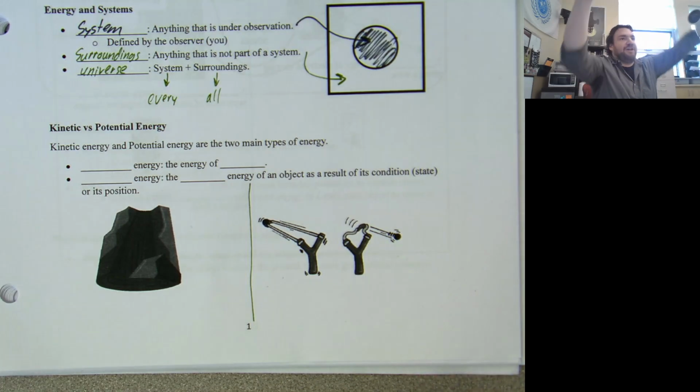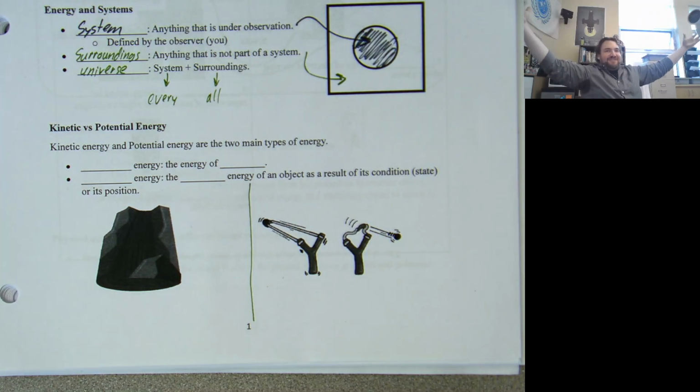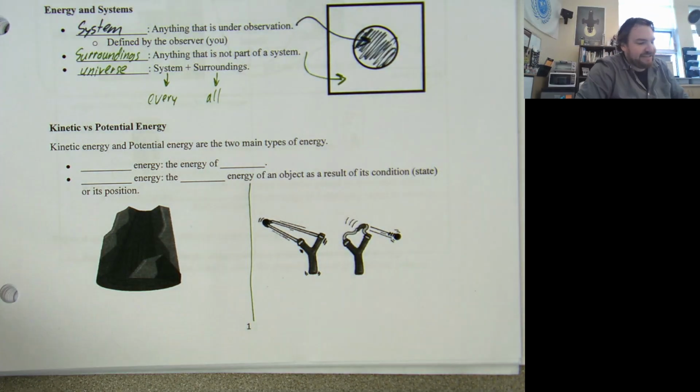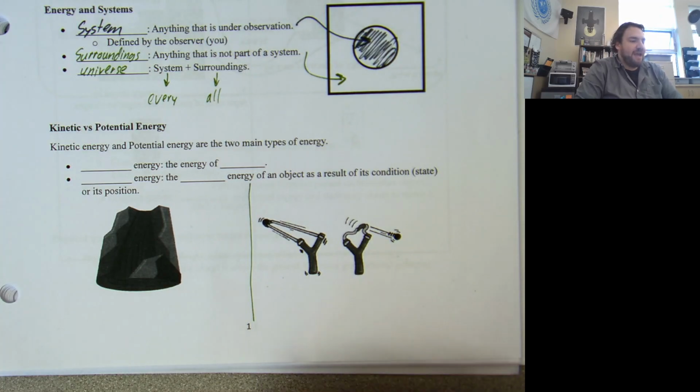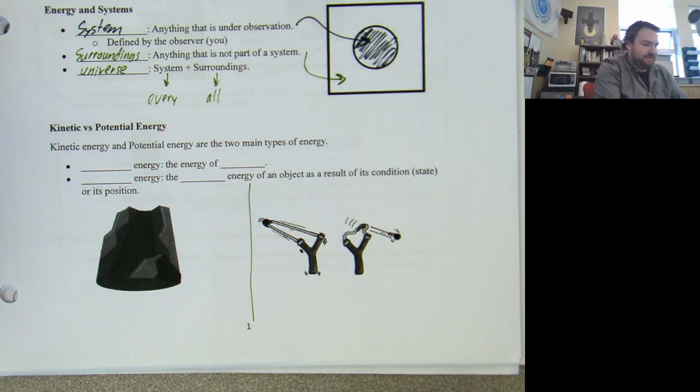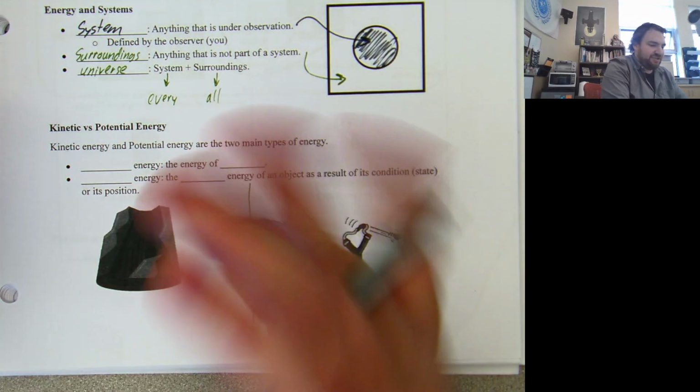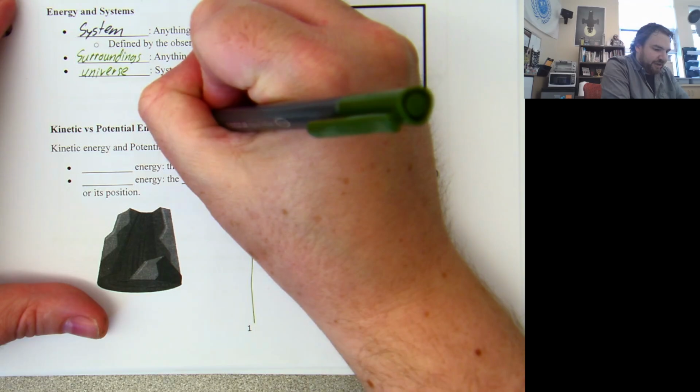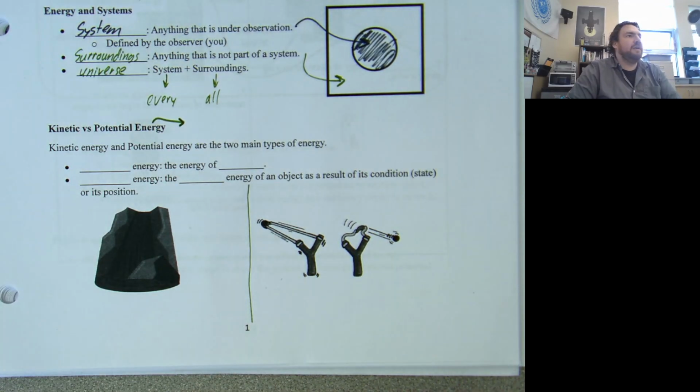We're going to isolate. Okay, we're talking about going from the universe. Let's dial it in a little bit, and let's talk about different kinds of energy. We're going to break up all of the possible energies into either kinetic or potential. And before we talk about kinetics and potentials, let's talk about this word energy. How do you know if something has energy?